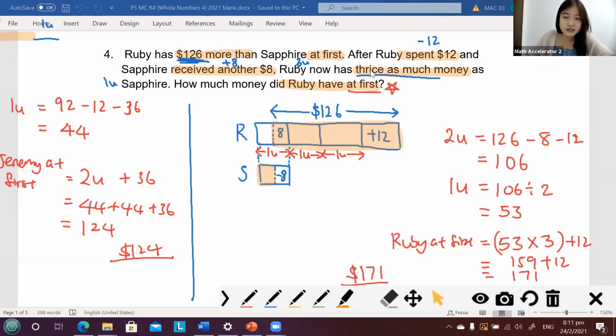Then if it's at the end here, twice as much, then you work backwards. There are some questions where it's not so standard. If you draw it and then work backwards and find that it's very difficult, don't worry. Then you try working forward. If one doesn't work, the other one will work. So you see which one is better. For these questions, working backwards is much easier.